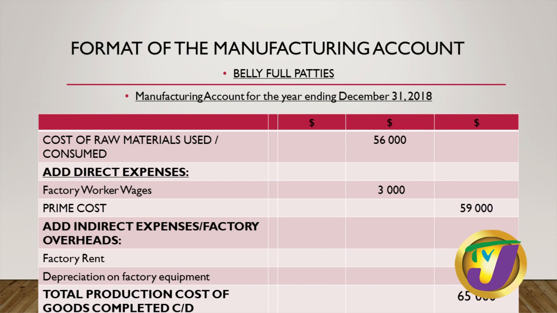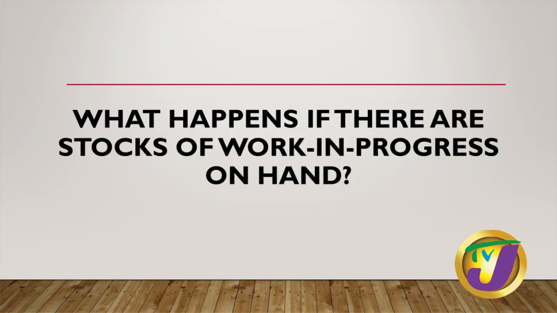Now, students, listen. There's an exception to this rule, that of labeling that $65,000 total cost of production goods completed right away. If, and listen to me carefully, if the question has stock of work in progress, you will have to pause a little before you label that item cost of goods completed.